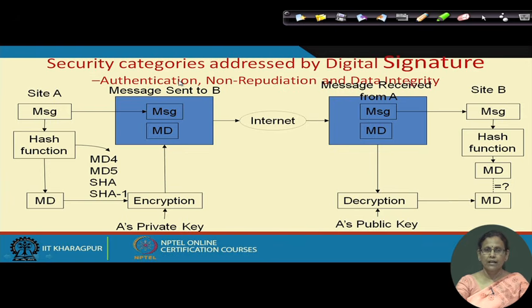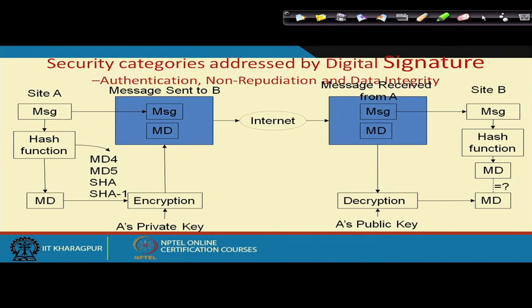Authentication is to make sure that it is actually sent by somebody who claims to be the sender. Suppose I am the person A and the other person is B. Only I can claim that I have sent the message, B cannot.